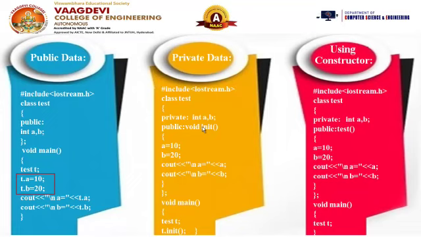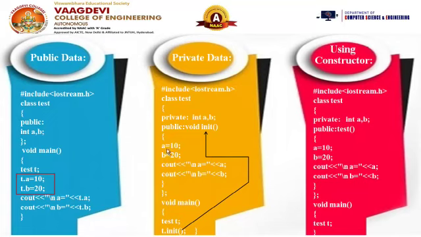Here, init is a member function which is used to initialize the values to private data A and B. In the main function, the object calls the init method to initialize values to variables A and B.